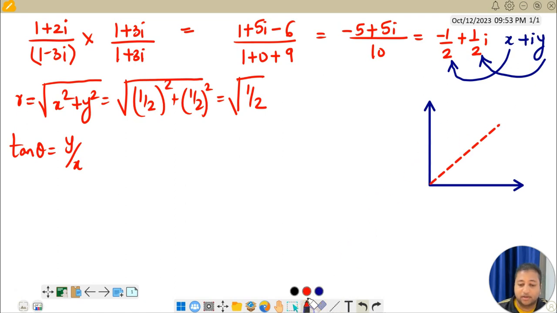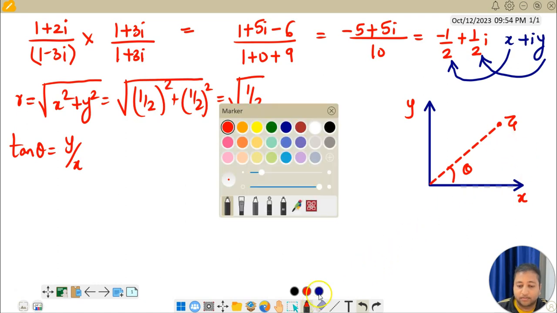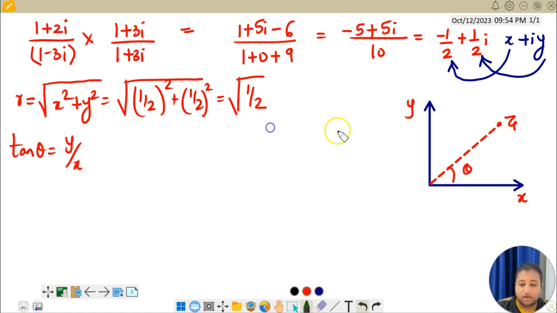What I've done here is I have drawn the x-axis and the y-axis, and this is, let's say, the point z, and this is the angle theta. So tan of theta is always equal to the opposite upon the adjacent. The opposite is always y, and the adjacent is x. So that's why we have written tan of theta is y upon x.